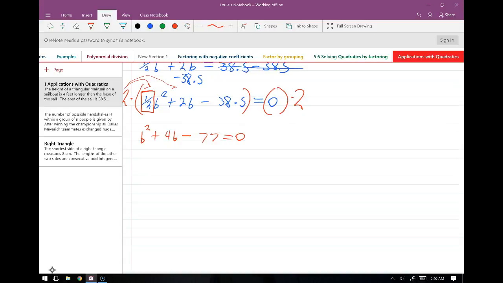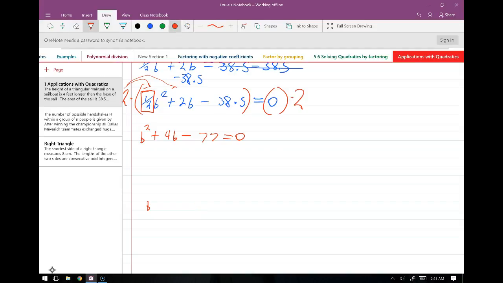Now we're going to factor this guy out, and our factor is going to look like this. So our factor is going to have 2 b's in it. We know that already. It's going to equal 0. All right, we have a negative constant term, so that means we want a plus and a minus back here.